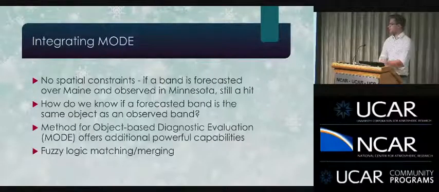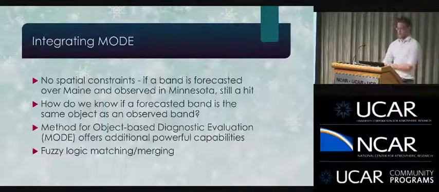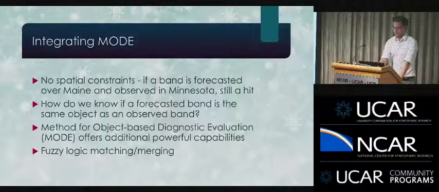But how do we know if a forecasted band is the same object as an observed band? That's where we're going to start using the Method for Object-based Diagnostic Evaluation, or MODE, which offers powerful capabilities to help us answer this question using fuzzy logic, matching, and merging.